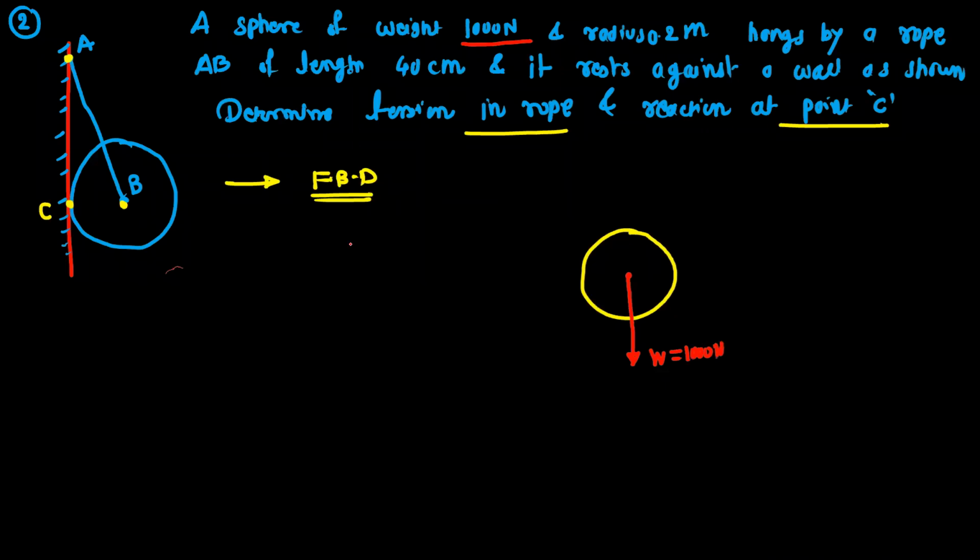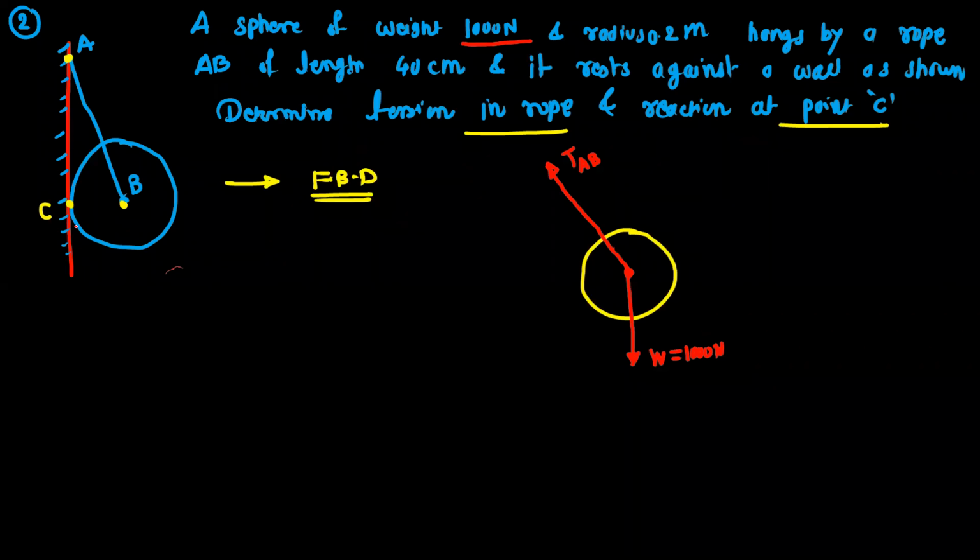So this is the weight force, which is 1000 Newton. Okay. Second force will be here. You can see it is supported with this cable AB. Okay. So this cable will have the tension. So you can draw that vector. So this is the tension in the cable AB. Okay. Or you can write this FAB. Okay. So this is the second force. And the reaction is at point C. Okay.